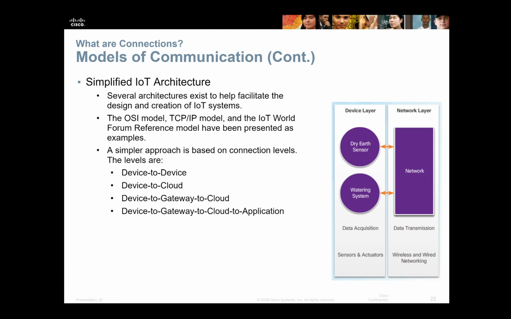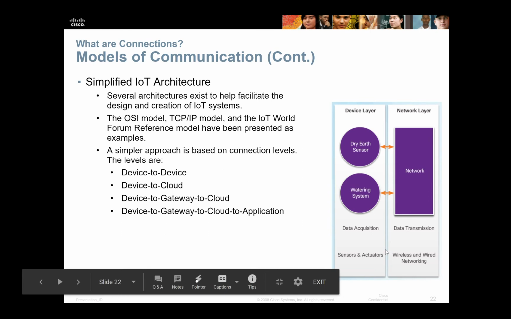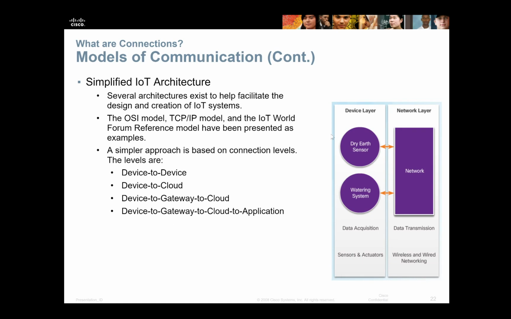Okay, the simplified IoT architecture is based, again, basically on history. So it's more or less like we have a device layer, which is the things that we have had around us as long as we have had microprocessors, or even longer than that.